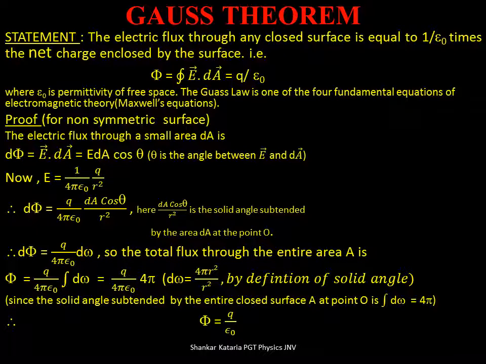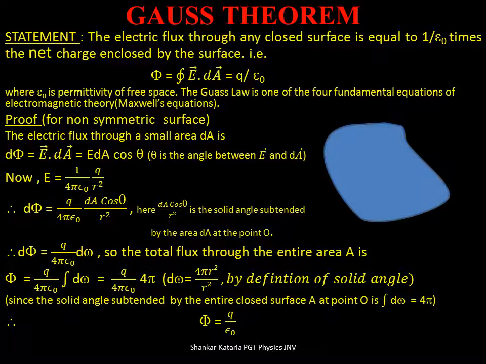Gauss gave a law which said that the electric flux, which was earlier defined as the integration of the dot product of electric field and area vector, would now also be equal to 1 upon epsilon naught times the charge enclosed by a closed surface. Here epsilon naught is the permittivity of free space.